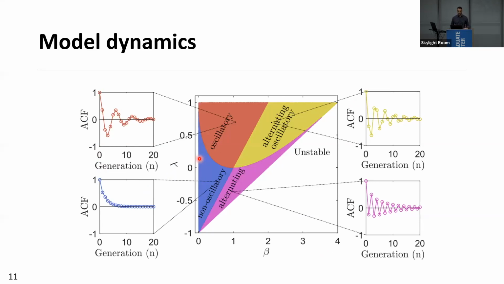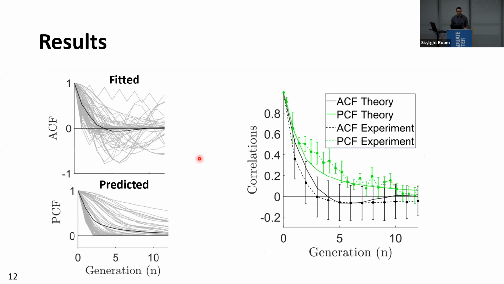After that, we made a prediction about the autocorrelation, calculated it, and fitted it to the data from the Sisters machine. In gray here are the theoretical autocorrelations calculated for different lineages in the Sisters machine.